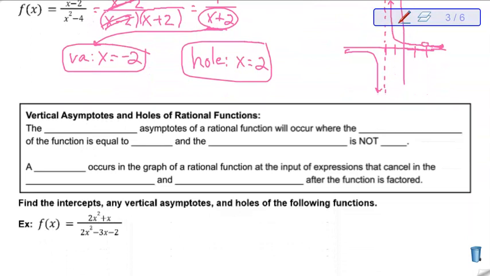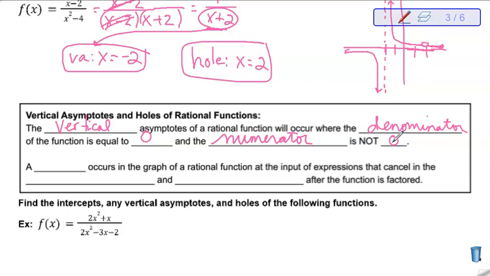Everything left in the denominator would be creating a vertical asymptote. Rational functions will have vertical asymptotes where the denominator of the function is equal to 0 and the numerator is not equal to 0. Okay?